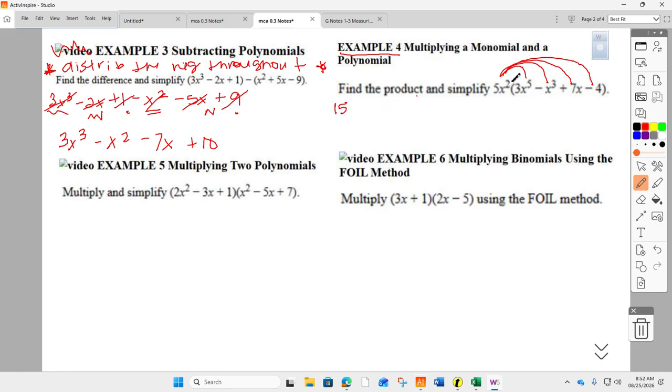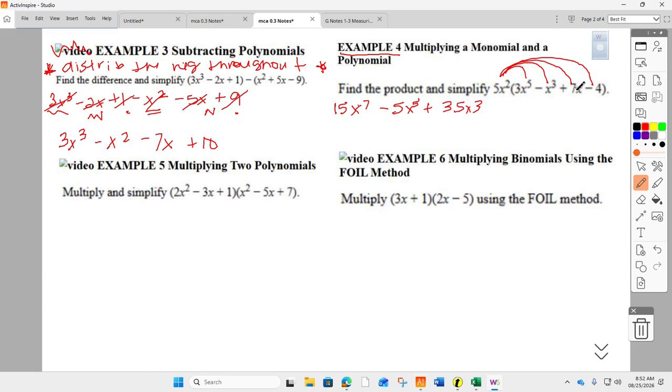All right, so it's coefficient times coefficient, like base times like base, and we can add the exponents on them. So 5 times 3, 15, x squared times x to the 5th, x to the 7th. This is minus 5x squared times x cubed, so minus 5, add the 2 and the 3, x to the 5th. 5x squared plus 7x, so that's plus 35x cubed.